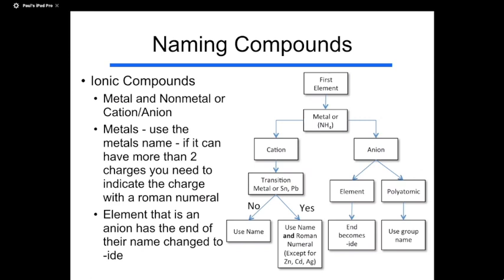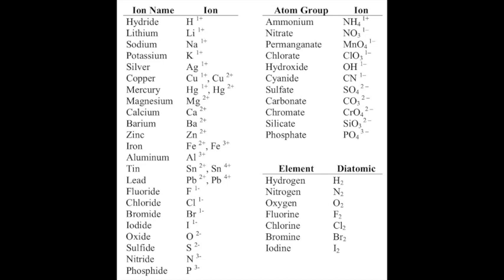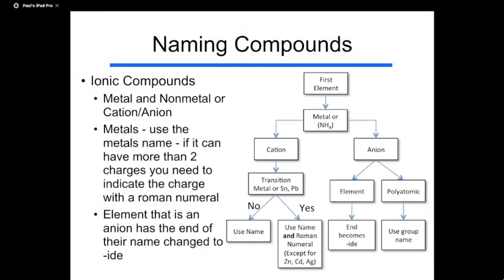The cation, the one that's a metal, we have to decide one thing about it. Is it a transition metal, or is it tin or lead? What is strange about tin and lead and transition metals if you look on your sheet of charges? They have multiple ones. If something can have multiple, then you're going to have to tell me which one is there.